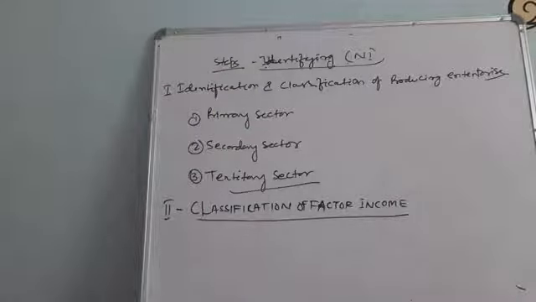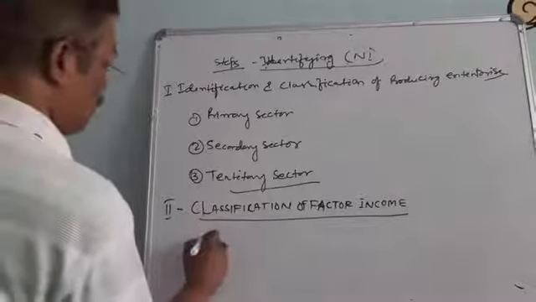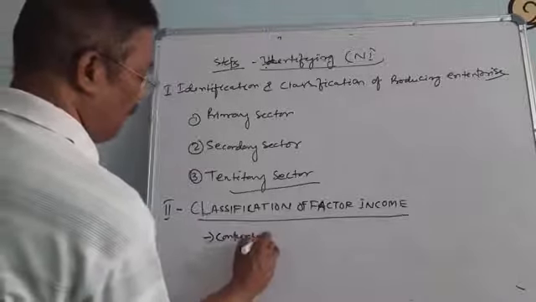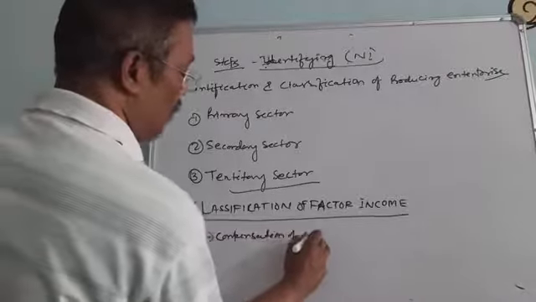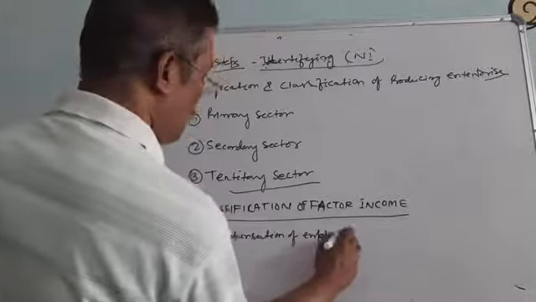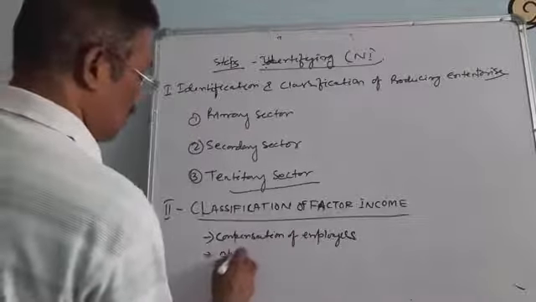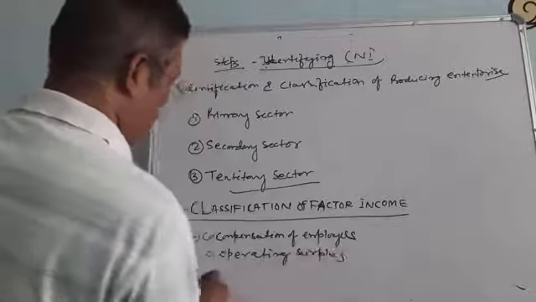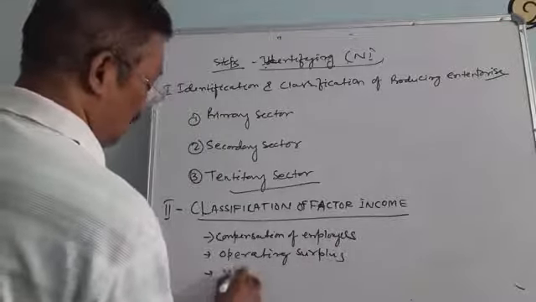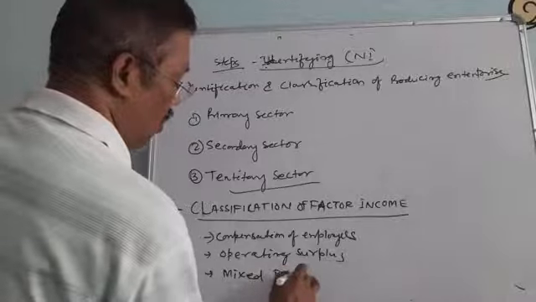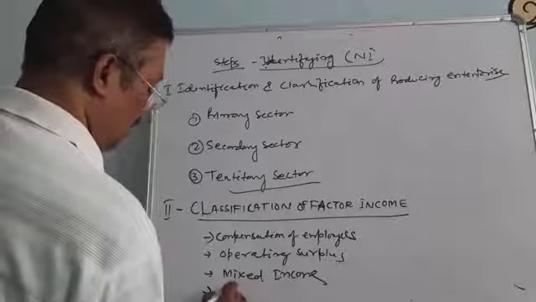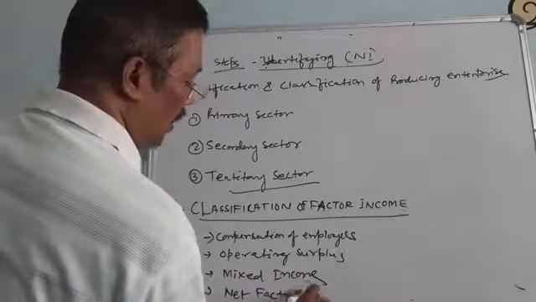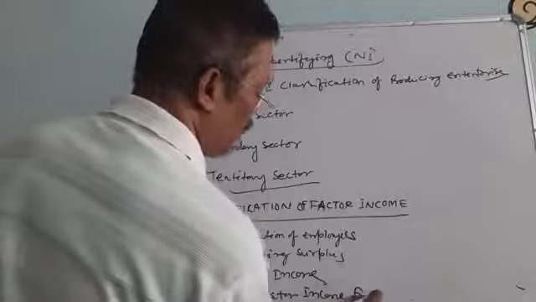This classification is: one is compensation of employees, second is operating surplus, third one is mixed income, and fourth one is net factor income from abroad.